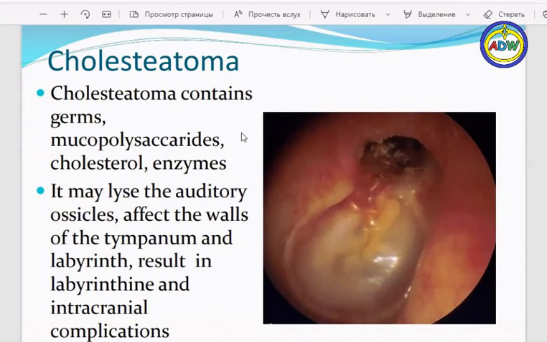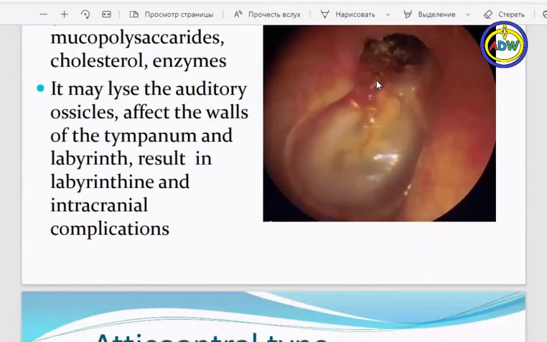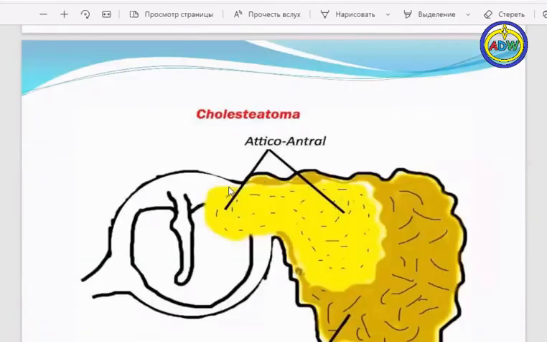Cholesteatoma contains germs, microorganisms. It is keratinous masses, and it also has mucopolysaccharides, cholesterol, and enzymes, and it may lyse the auditory ossicles, affect the walls of the tympanum and labyrinth, and result in labyrinthine and intracranial complications. Because, as we said, it is located in the attic and antrum.